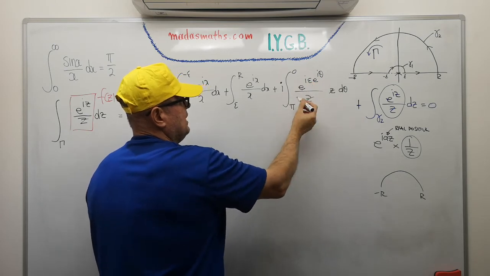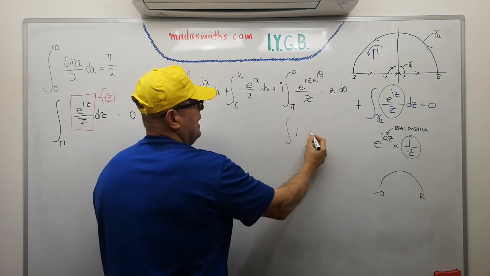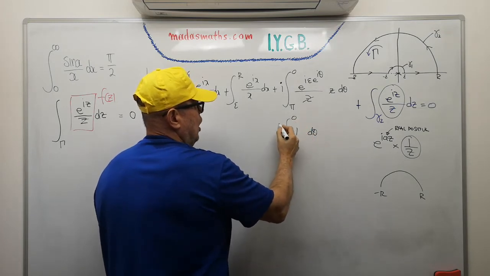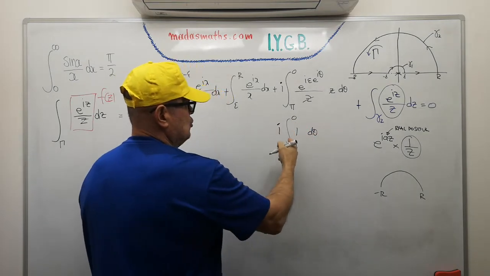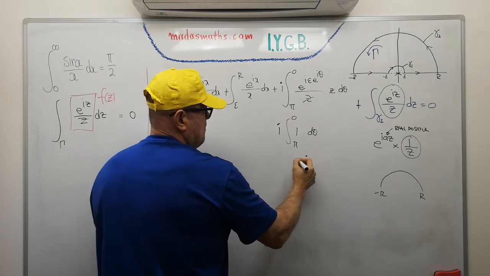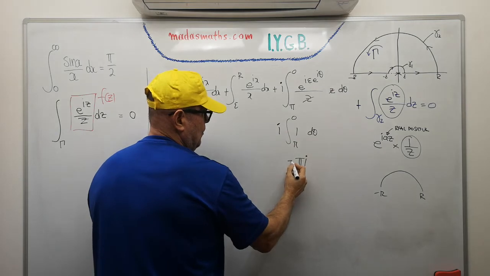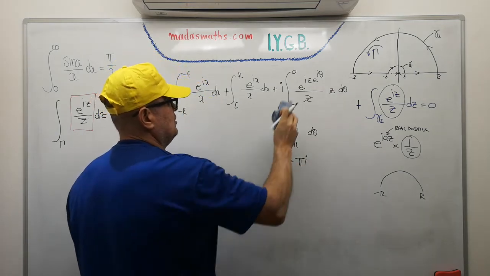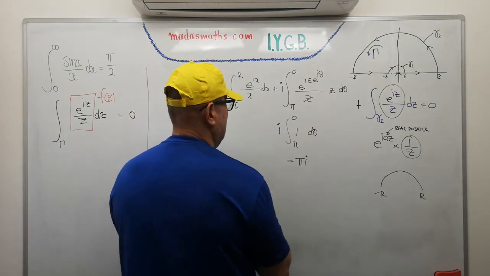So essentially, we'll be integrating 1 with respect to theta from pi to 0 with an I at the front. And of course, normally if it was 0 to pi, it would produce pi I, but because the limits are the other way around, this will give us minus pi I. If you're not happy with that, then you might be thinking funny things might be happening in there.